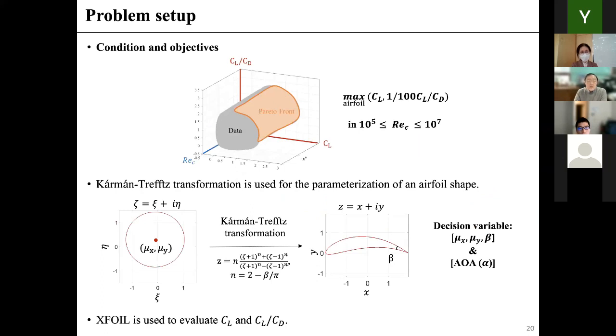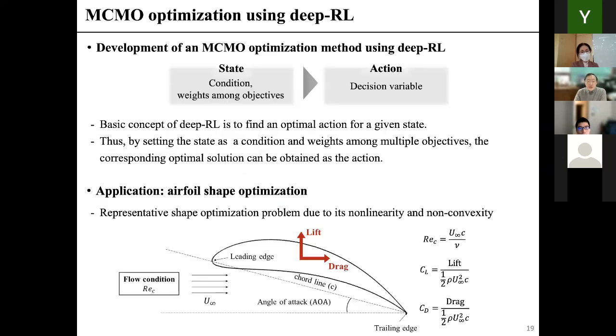So as a target problem, we selected airfoil shape optimization. This problem defines the state as a condition and the weight among the objectives. The objectives for this problem are nothing but CL and CL over CD, and the condition is the Reynolds number.